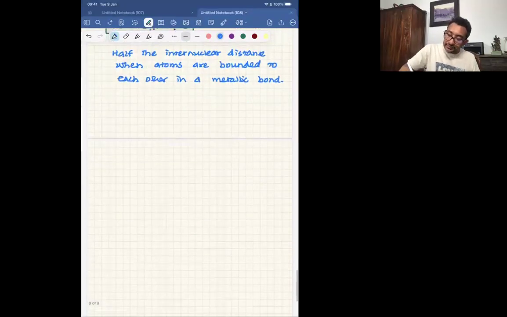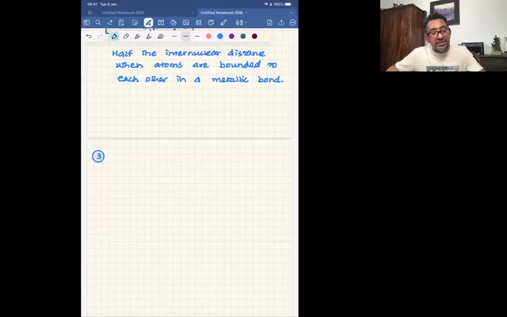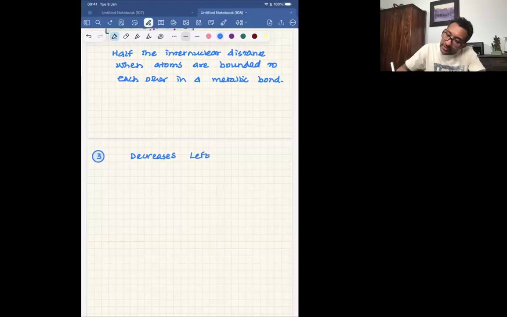Question number 3. Read the question. Explain the variation of the Van der Waals radius from the left side to the right hand side of the periodic table. Whatever radius we talk about, it will decrease from left to right.